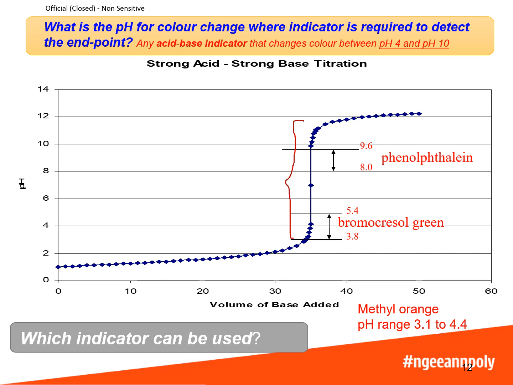So any acid-base indicator that changes color between pH 4 and pH 10 is suitable to detect the endpoint for this strong acid, strong base titration. Phenolphthalein, bromocresol green, or methyl orange can all be used. Just one drop of the added base will bring about a change in the color of the indicator.